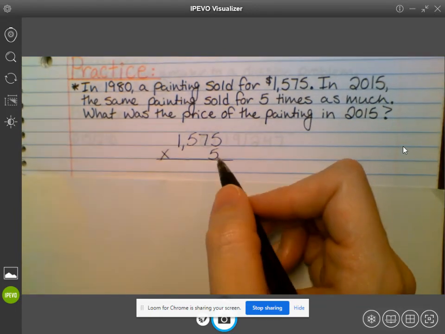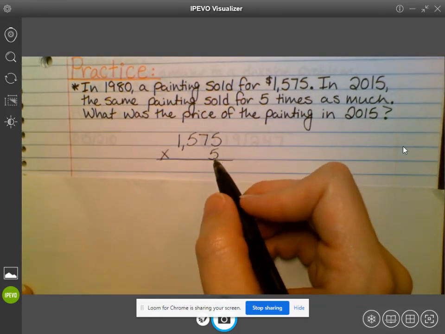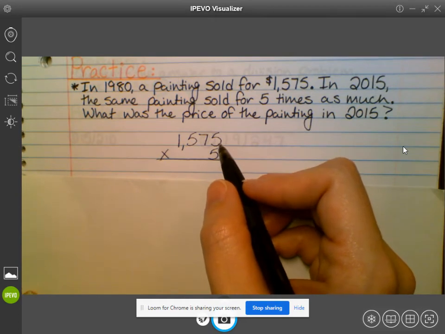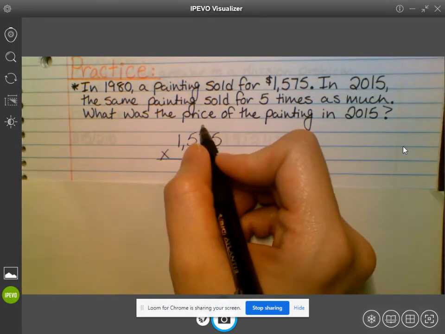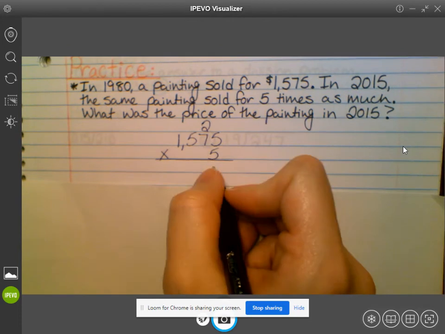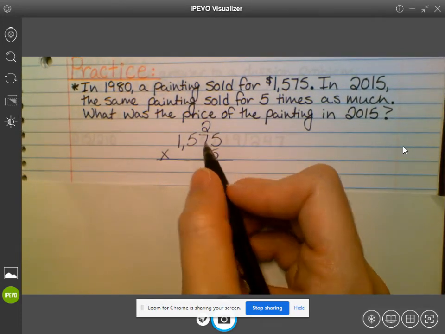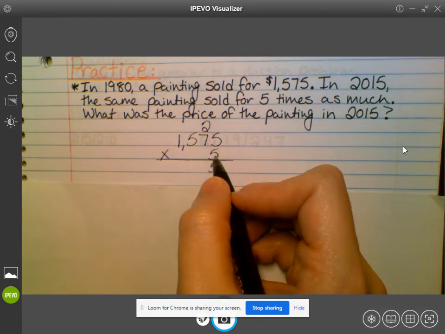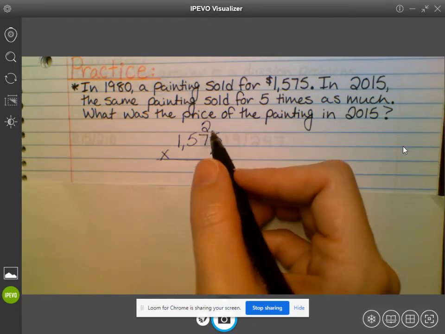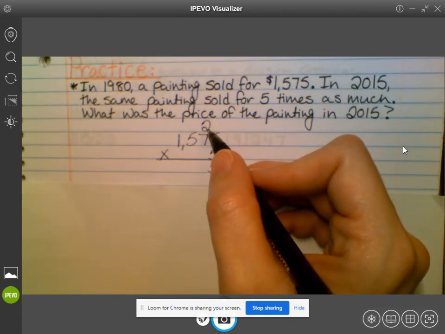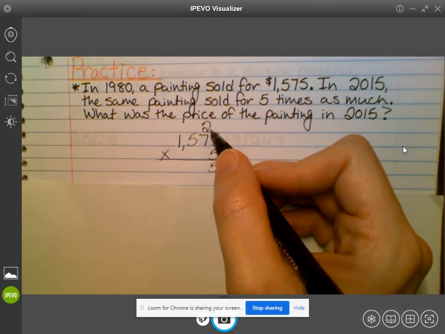So then we would go through and we would multiply. What is 5 times 5? 25, so I would carry my 2, bring down my 5. What is 5 times 7? 35 plus 2 is, what's 35 plus 2?